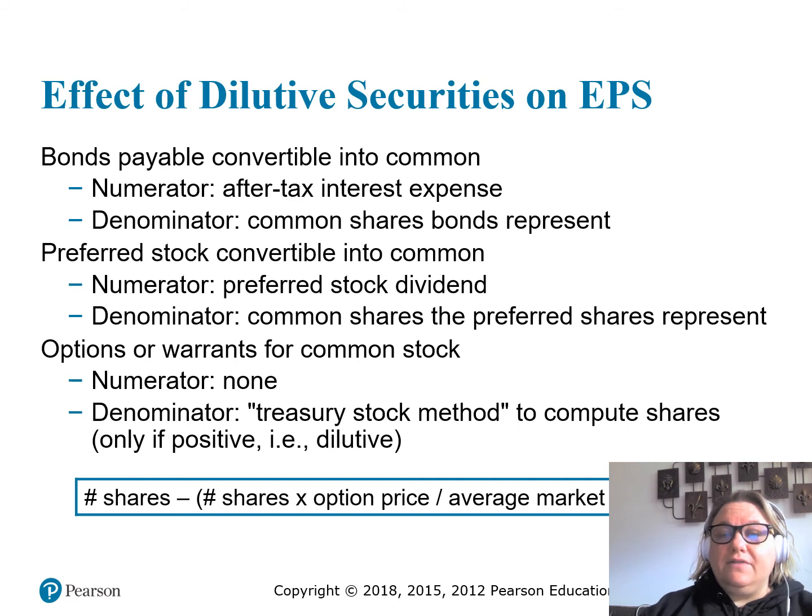For preferred convertible into common, the numerator is the preferred stock dividend, and the denominator is the common shares that the preferred stock represents. And then for the warrants, there's no numerator. These are tough, by the way. Warrants are tough to wrap your head around, but you can do it. For the denominator, you use the treasury stock method to compute the shares only if they're positive and dilutive.